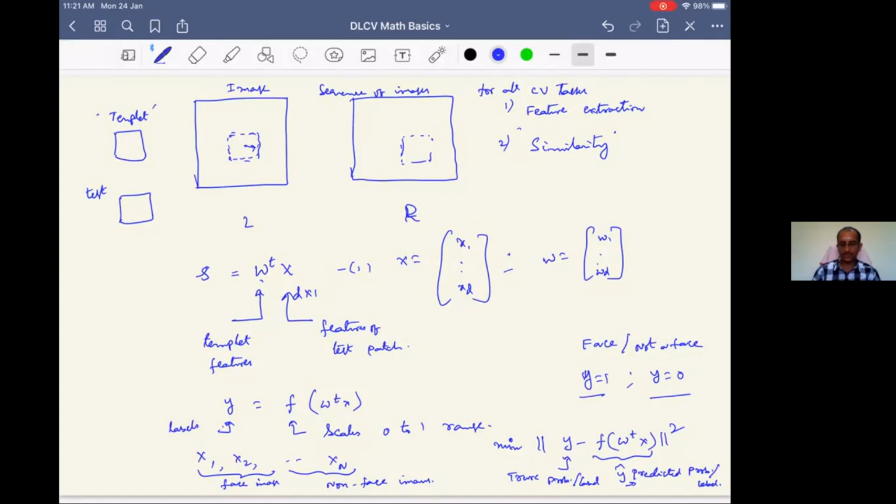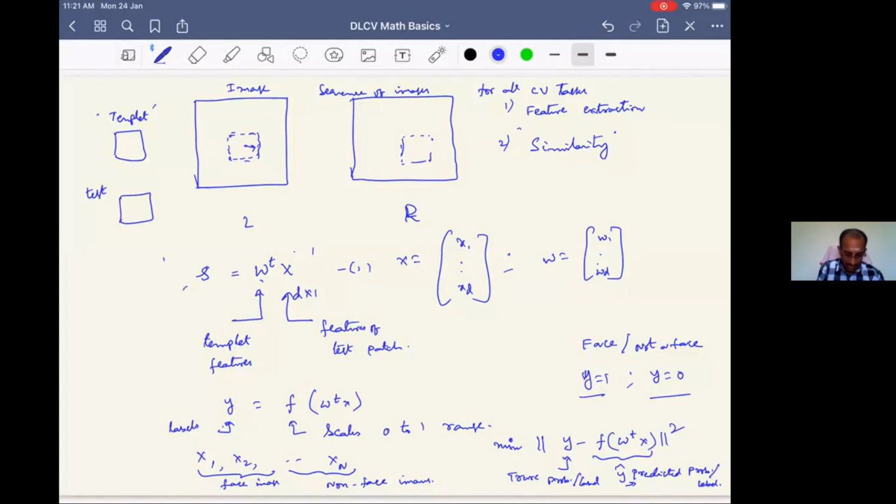So essentially, what are the basic mathematics required? We need to deal with matrices and vectors, that is, formulating the similarity functions using vectors, matrices, and so on, and then formulating the cost functions, finding out the match between the true label and the predicted label, or the true scores and the predicted scores.